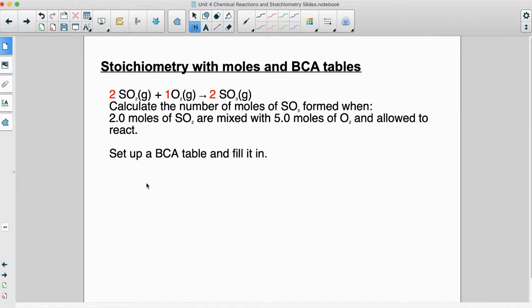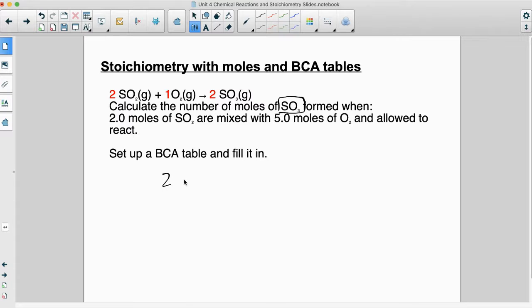Then I asked you to do this problem on your own. So here we have another reaction, 2SO2 plus 1O2 gives us 2 SO3, and we want to calculate the number of moles of SO3 formed when we mix 2 moles of SO2 with 5 moles of O2 and allow it to react. So we want to set up a BCA table again.